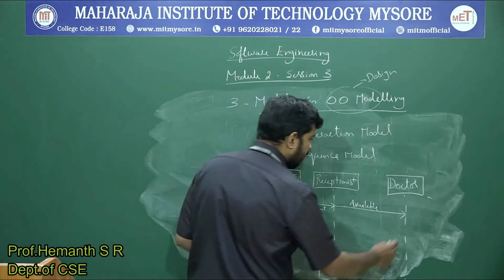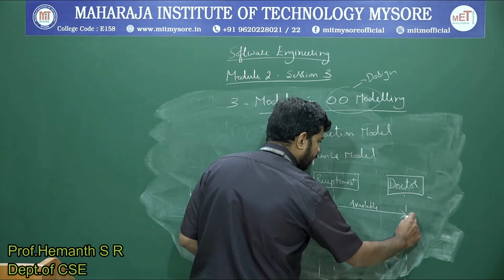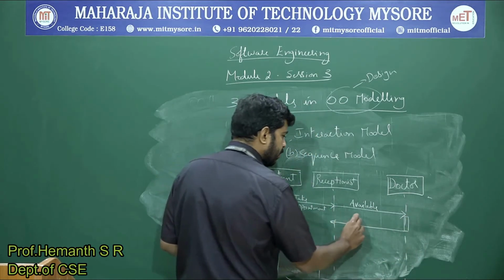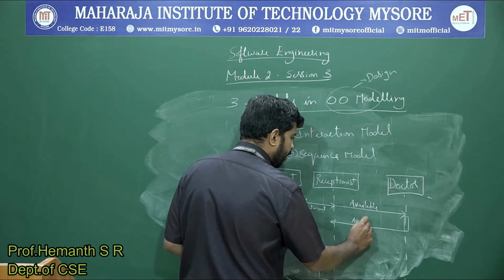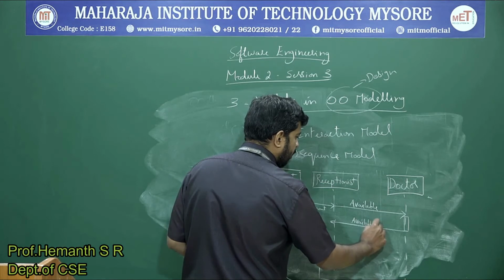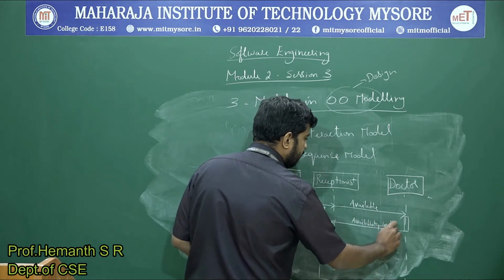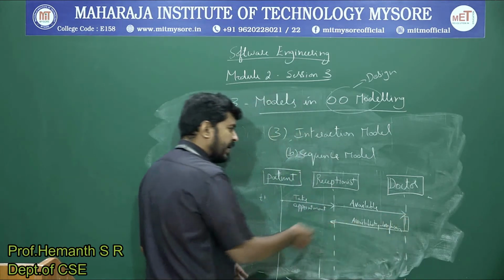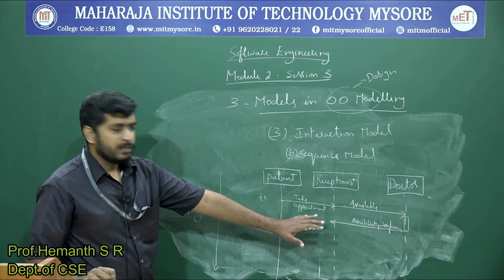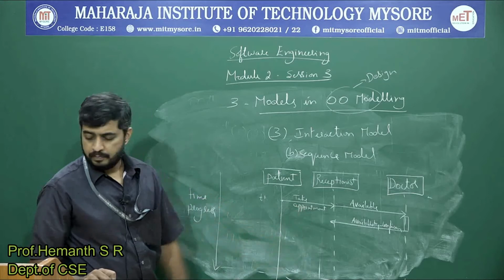After some period he may inform the receptionist back, yes, I am available. So availability confirmed. The doctor is informing the receptionist that he is available to check the patient at that time.